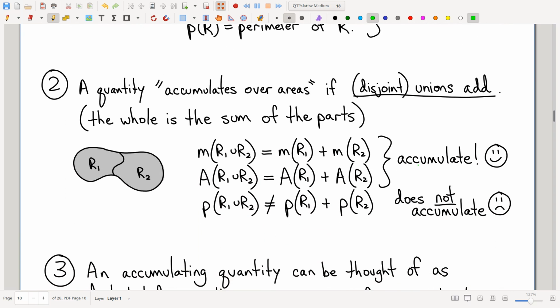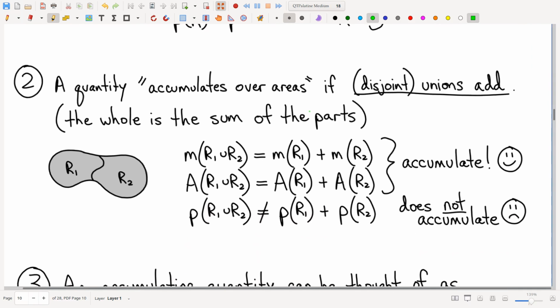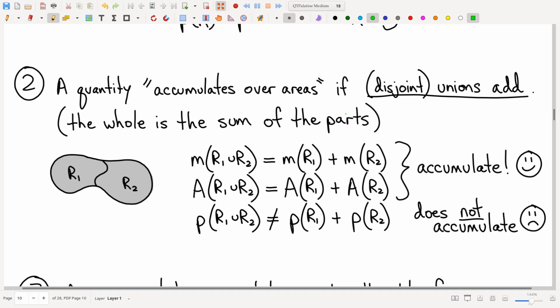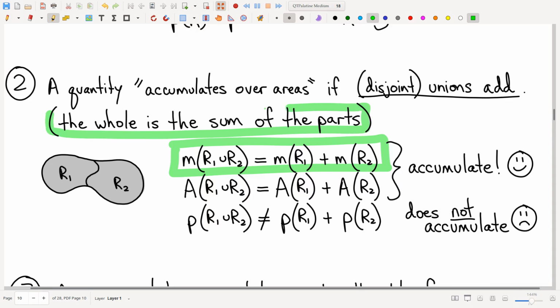And I've referred to these indirectly in Chapter 5, talking about integrals. I talk about accumulating quantities, and my favorite, y'all will recall, is mass. I talk about how mass has this feature that the whole is the sum of the parts.